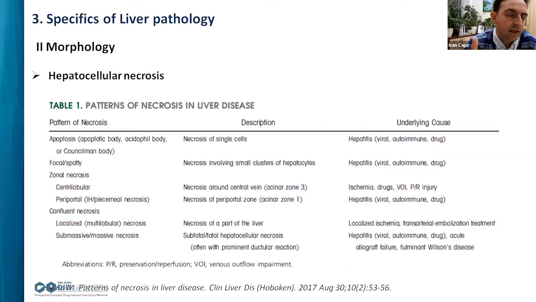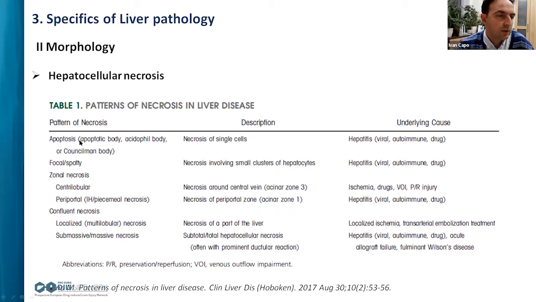The irreversible changes inside the liver are the necrotic changes, and these necrotic changes, which I put here in a table, can be classified alongside the apoptotic changes. So it can be focal or spotty necrotic changes, it can be zonal necrotic changes, and also confluent necrosis.